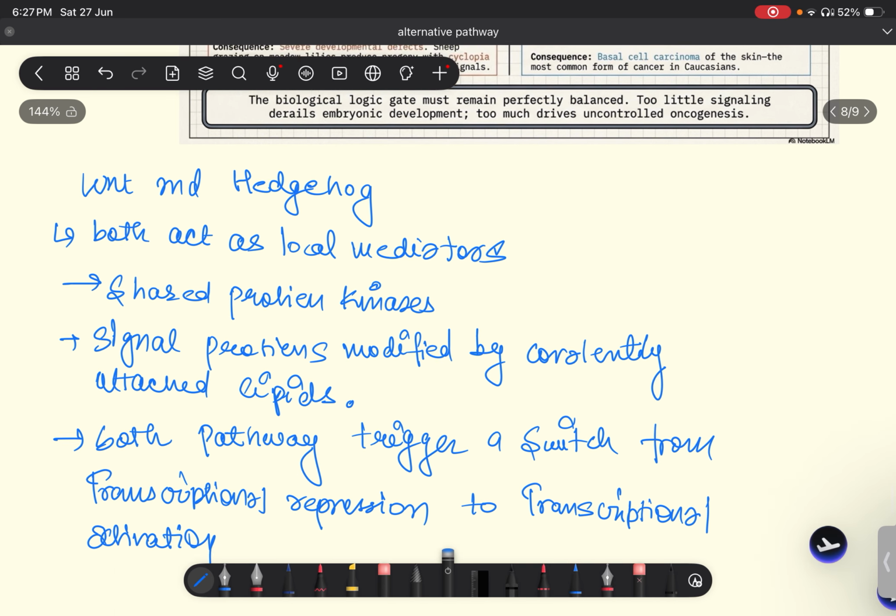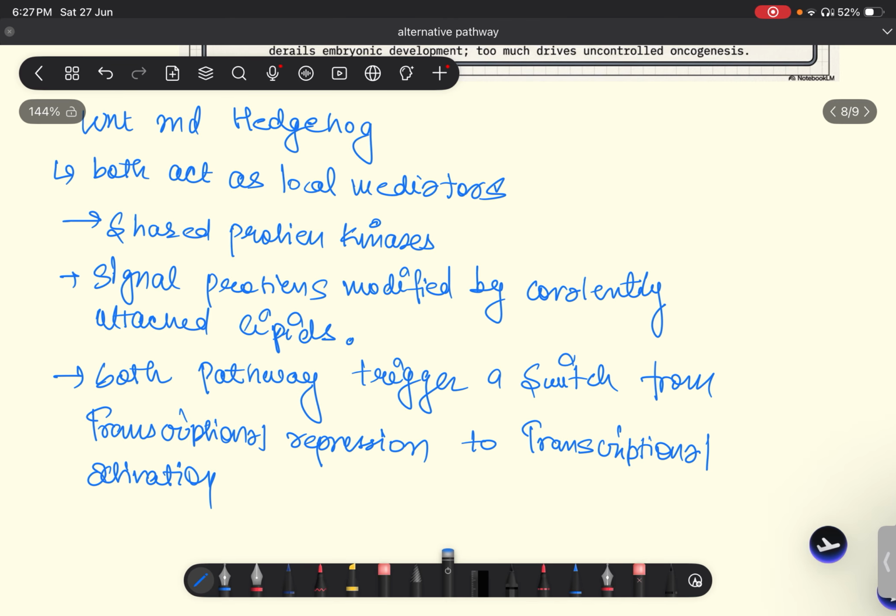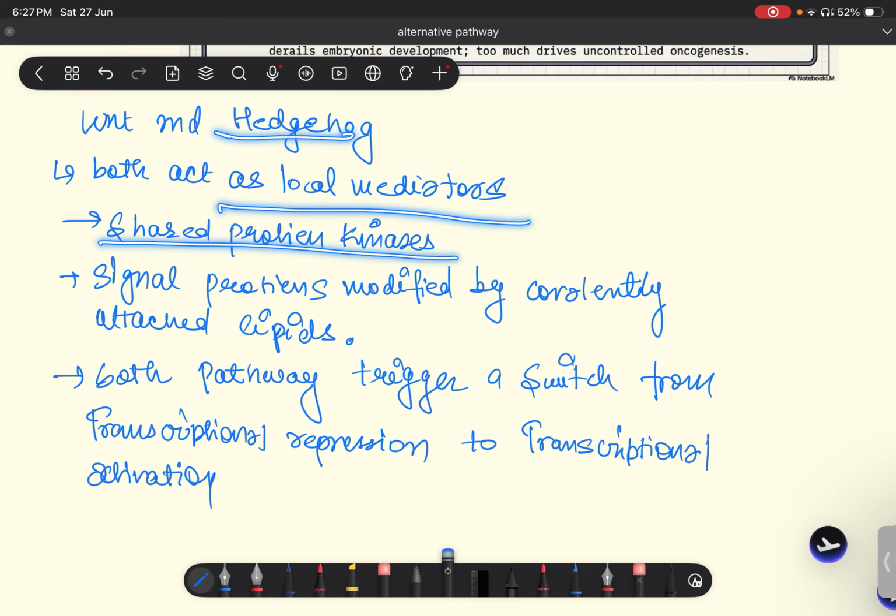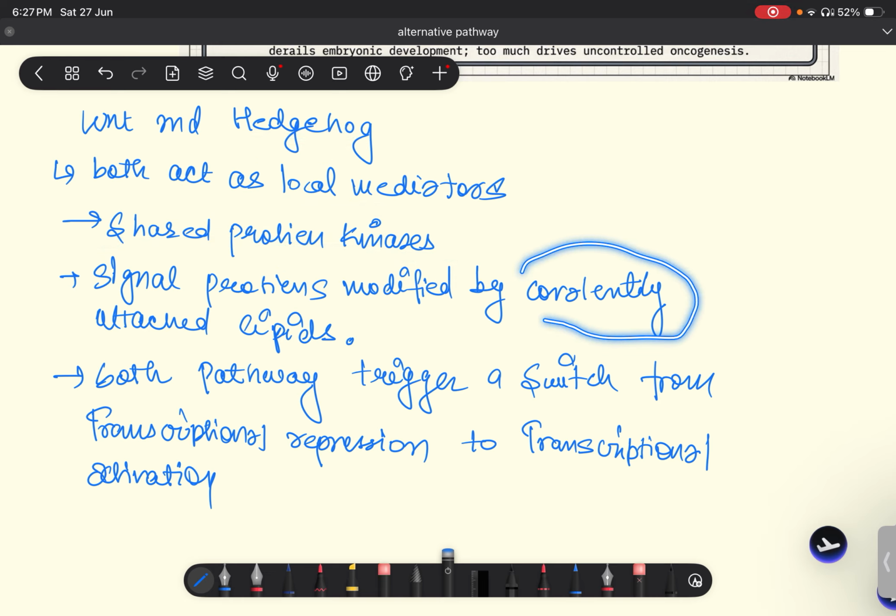Now, here I have written down a few important similarities between Wnt and hedgehog. They both act as local mediators. They have shared protein kinases. These signal proteins are modified by covalently attached lipids.